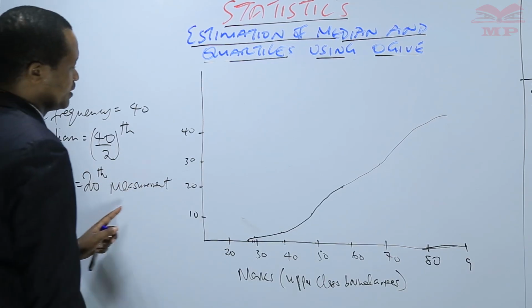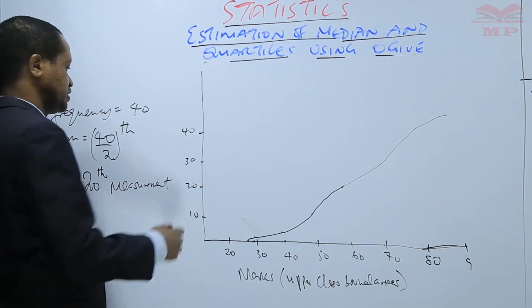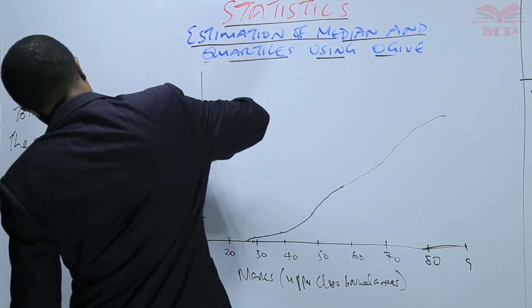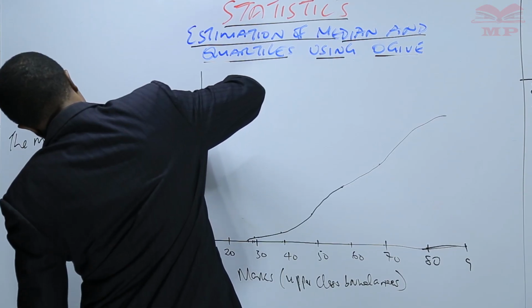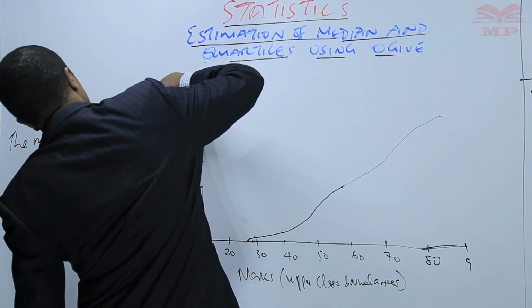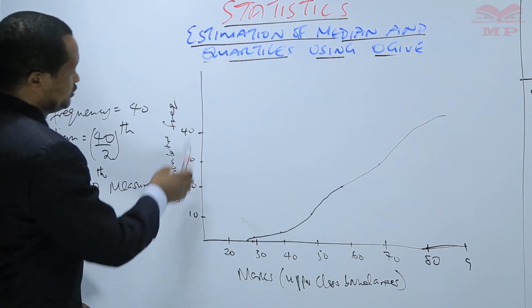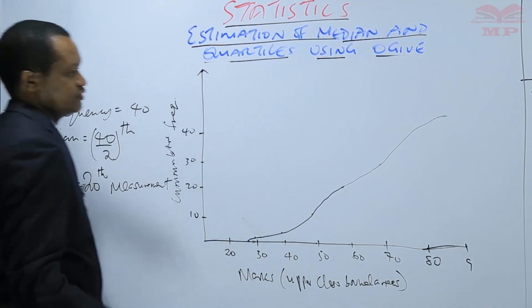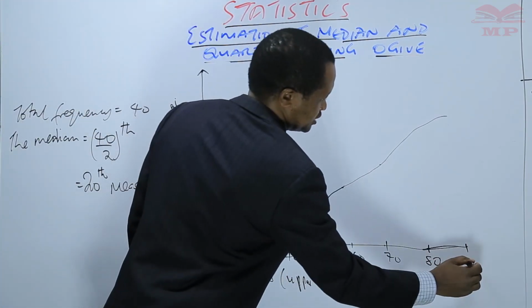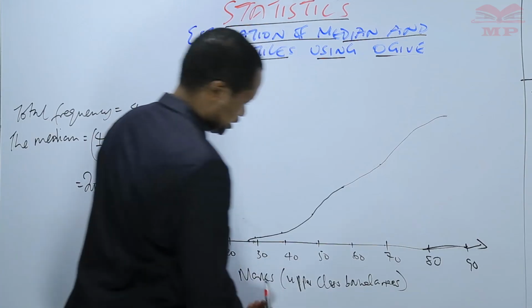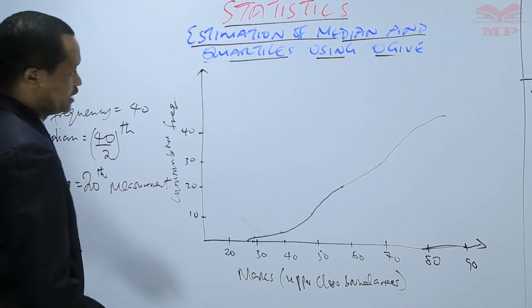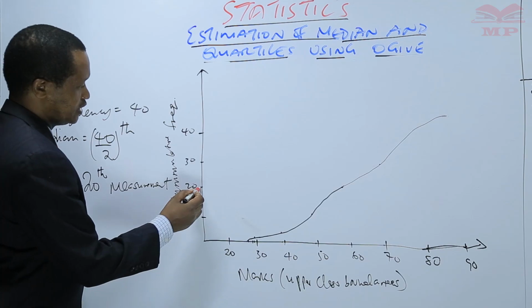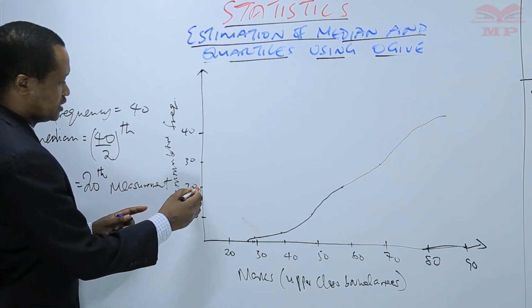So we'll come to the cumulative frequencies. This axis is cumulative frequencies. The other axis, we said, is upper class boundaries. So we locate 20 on the cumulative frequencies.